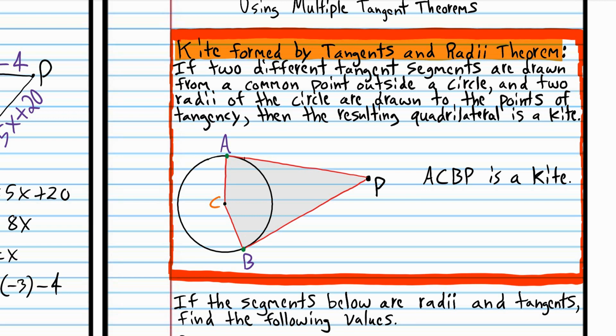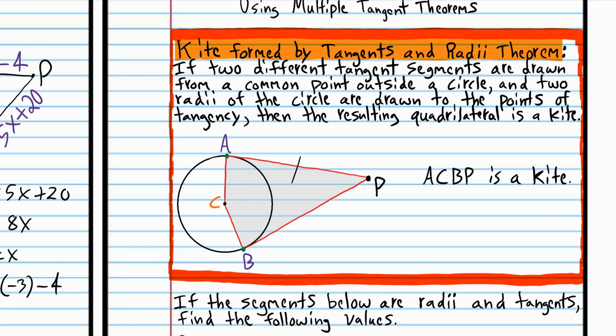So we know that these angles are 90 degrees. And we also know, from the theorem we just learned, that if you have two segments coming from a common point, then these lengths are equal. So we know those two lengths are equal.